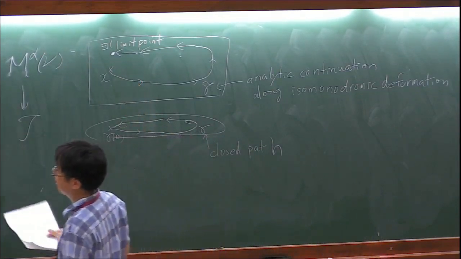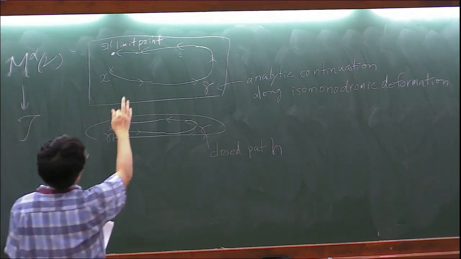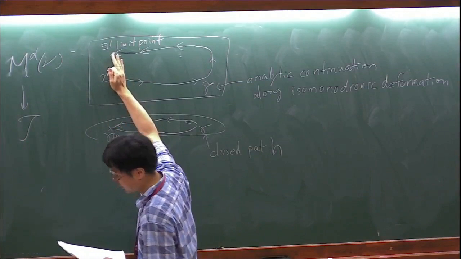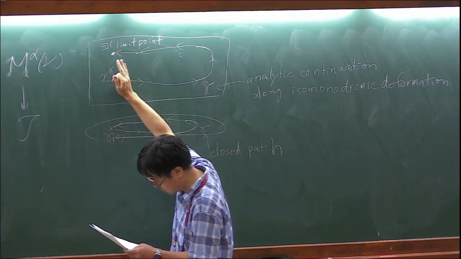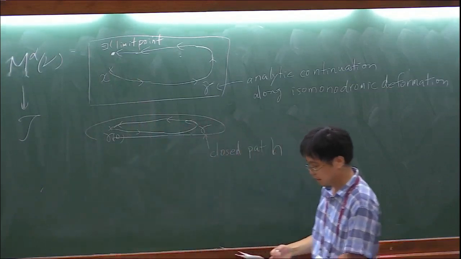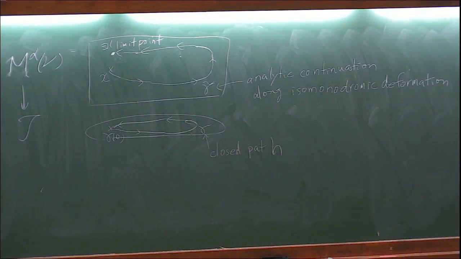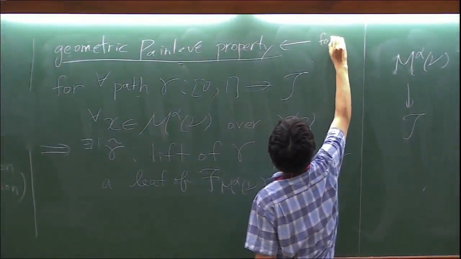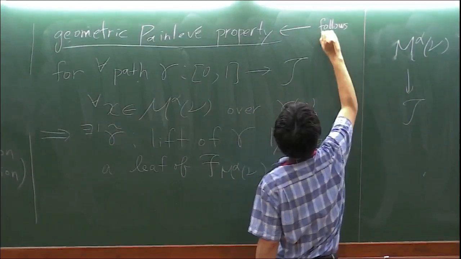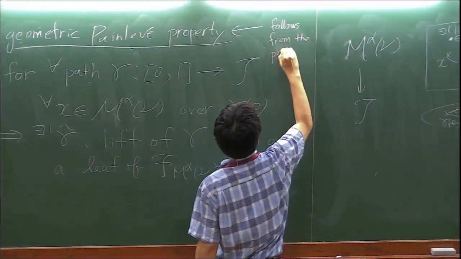But this geometric Painleve property means that the solution of the isomonodromy equation is always convergent. And this geometric Painleve property follows from the properness of the Riemann-Hilbert morphism.